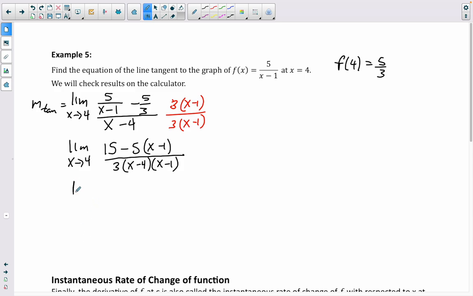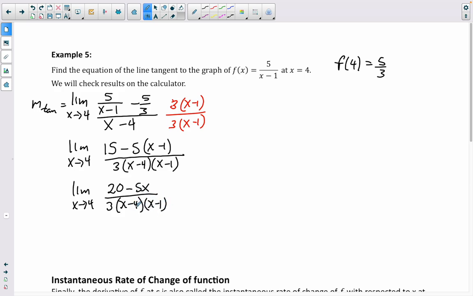So let's clean that up. Limit as x goes to 4. Distribute, you're going to get 20 minus 5x over 3 times x minus 4, x minus 1.